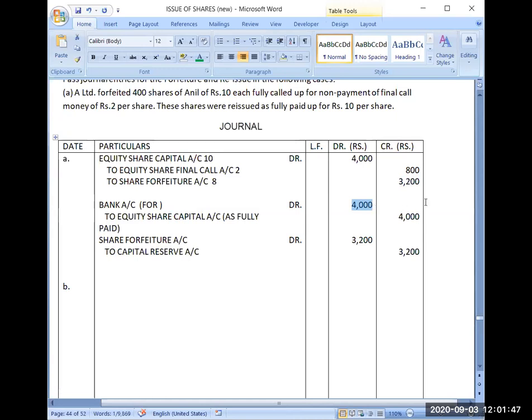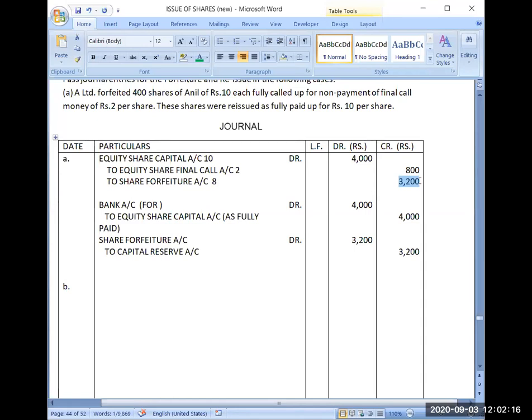So the answer is that as per Companies Act, the maximum discount which you can give on the shares which you are reissuing is the amount which you have collected on them before forfeiture. Whatever the balance you are having in the share forfeiture account for that shares, only that much discount you can give on the reissue of these shares.